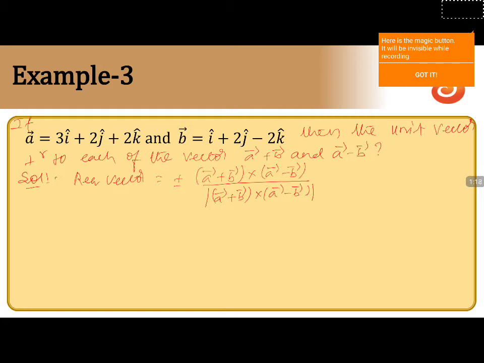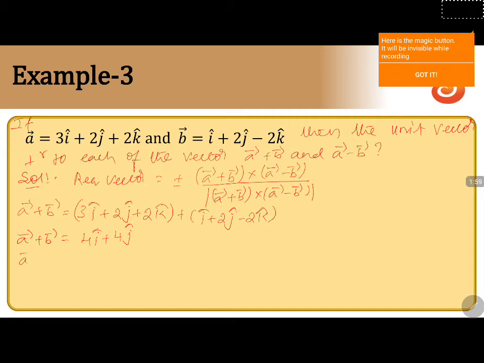So first we will calculate A vector plus B vector. A vector plus B vector is equal to 3i plus 2j plus 2k plus i cap plus 2j cap minus 2k. We will get A plus B equal to 4i plus 4j, because 2k cap gets cancelled.